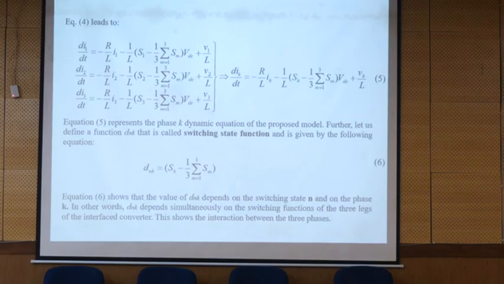And in phase 2, the dynamic change of the current injected from the converter is also subjected to phases 1 and 3. And in phase 3, it also has interaction with phases 1 and 2.